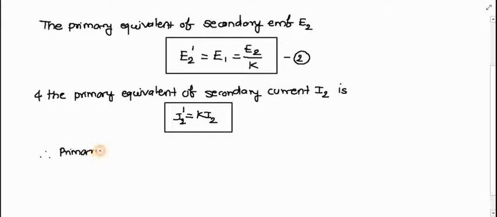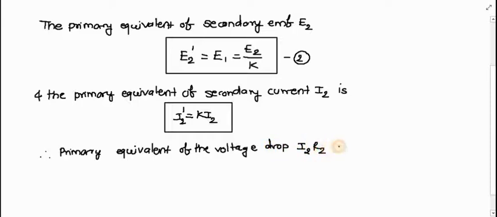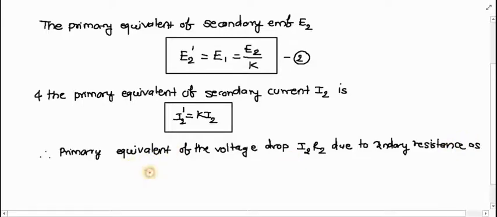the primary equivalent of the voltage drop I2 R2 due to secondary resistance, as I2 R2 by K. But what is my I2?